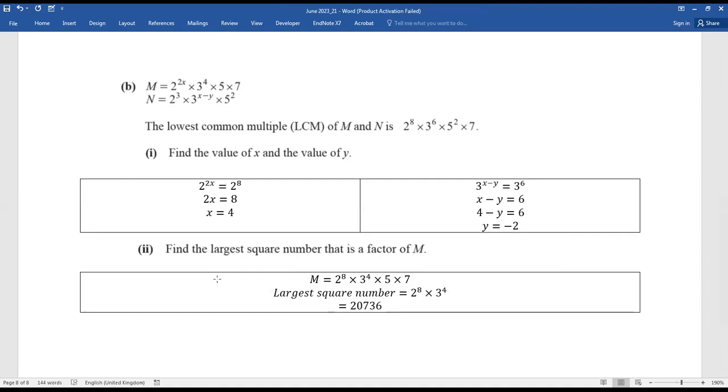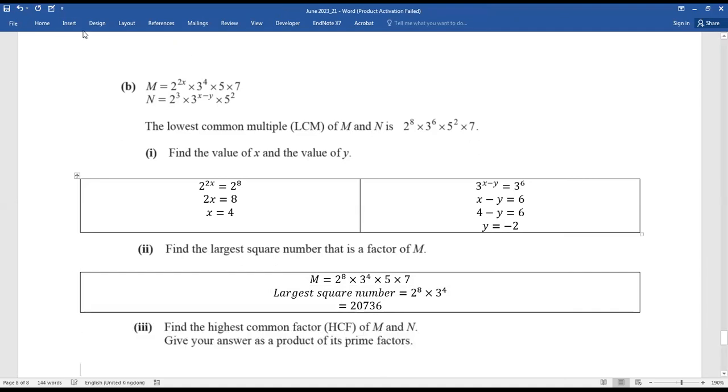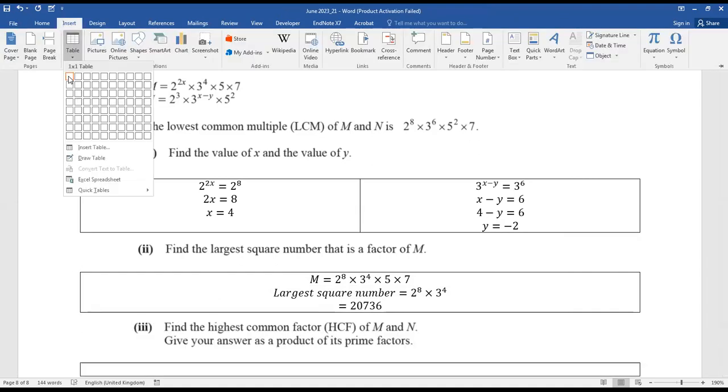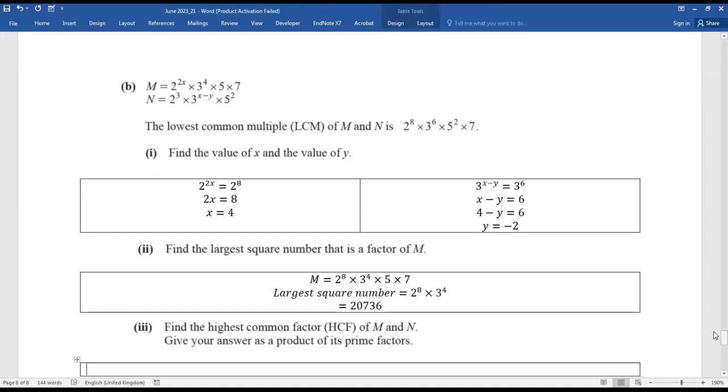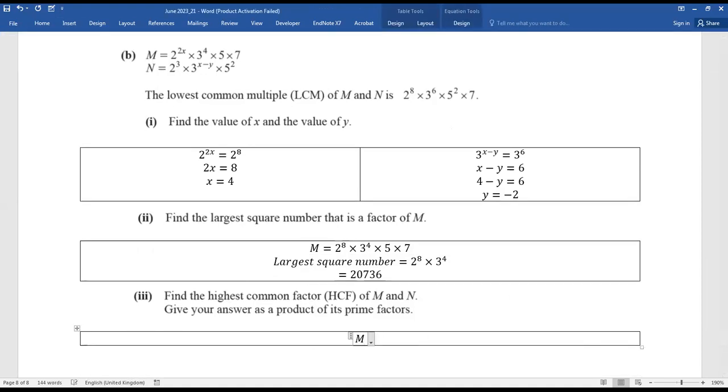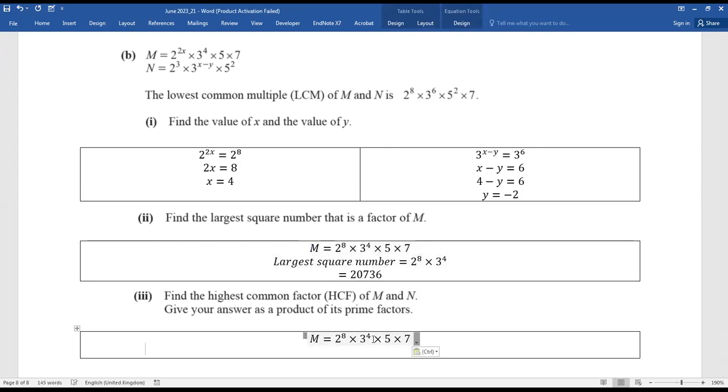Moving on, HCF, highest common factors. We have both the numbers written as their prime factors. We just need to find their common factors. So M is already this. And N will be written as 2 square times 3 to the power 6 times 5 squared.